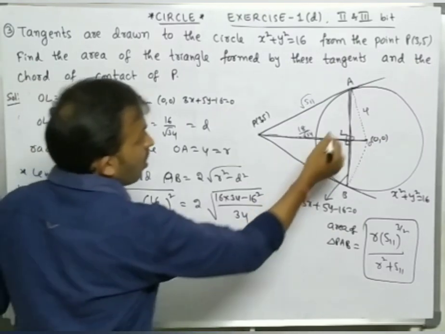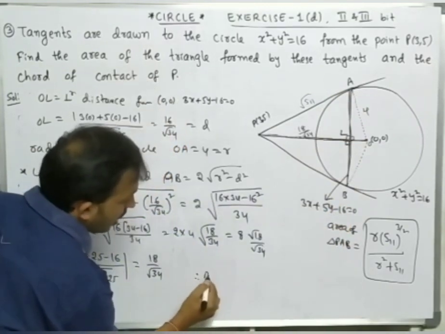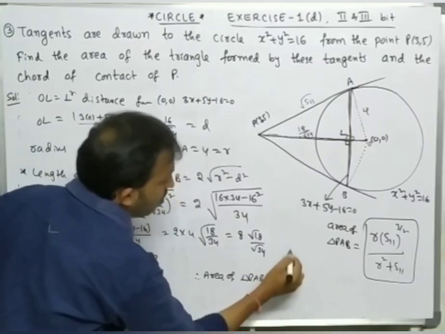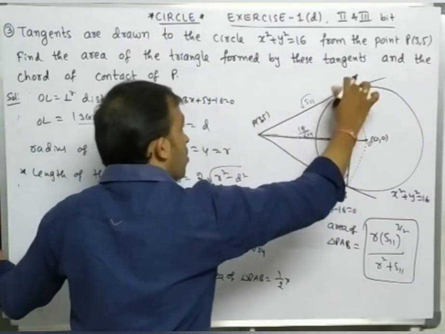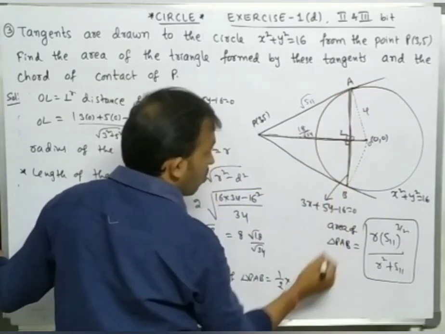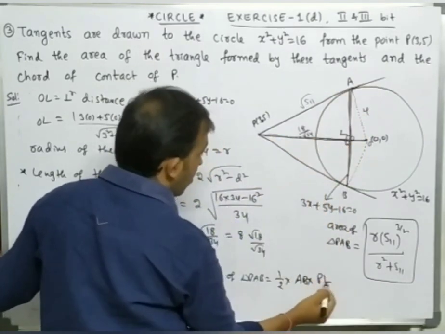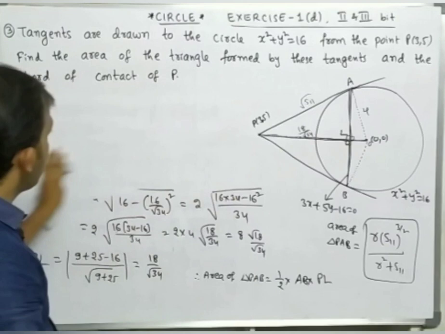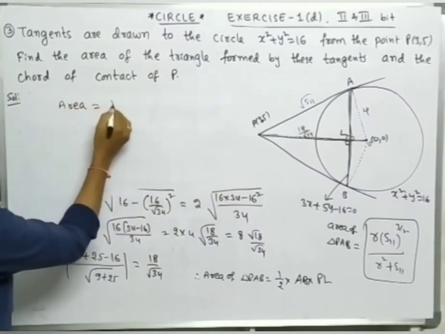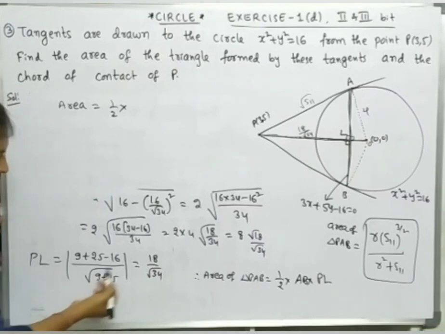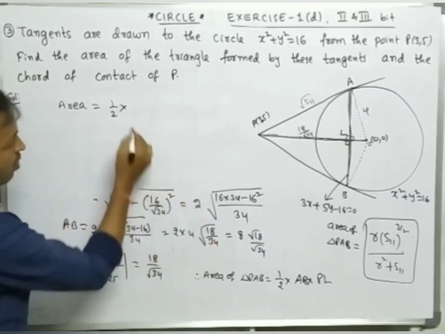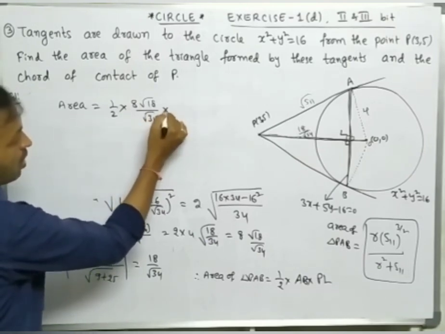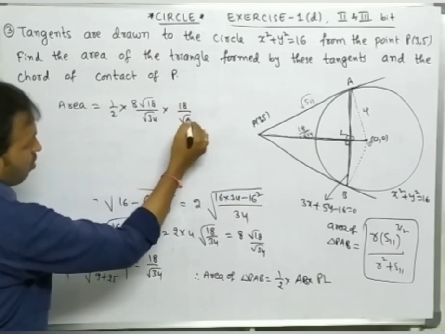Now we got AB. So therefore the area of the triangle PAB is equal to half into base. So base is AB into the corresponding height PL. So that area is equal to half into base AB, right? The length of the chord AB is equal to 8 root 18 by root 34, into 18 by root 34.